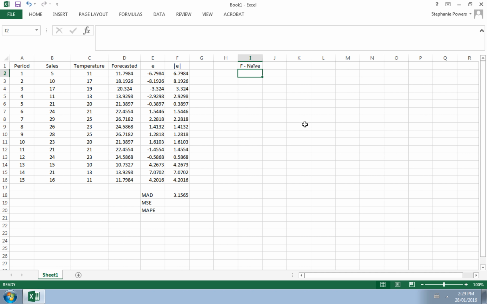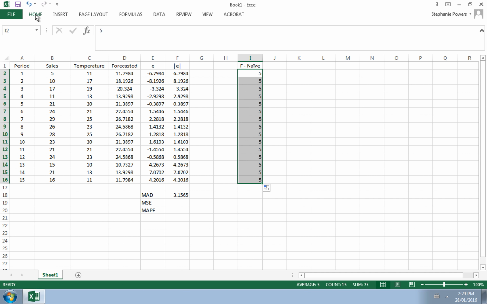That is, this forecast will assume that it doesn't matter what the temperature is, that our sales are going to be constant, and let's assume that we're always going to sell essentially what we sold the first day. Let's assume that every day we're going to sell 5 cups of lemonade.